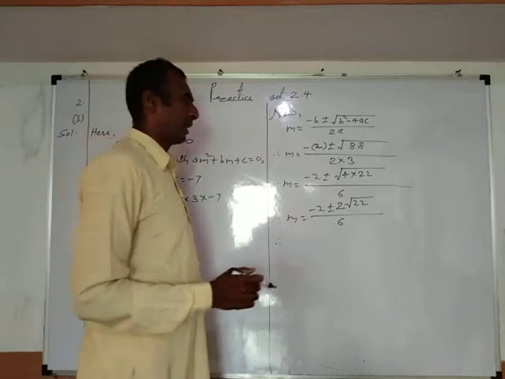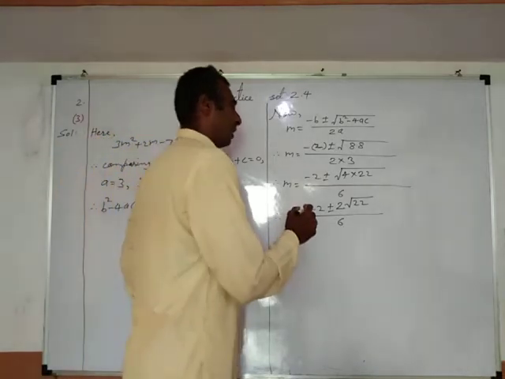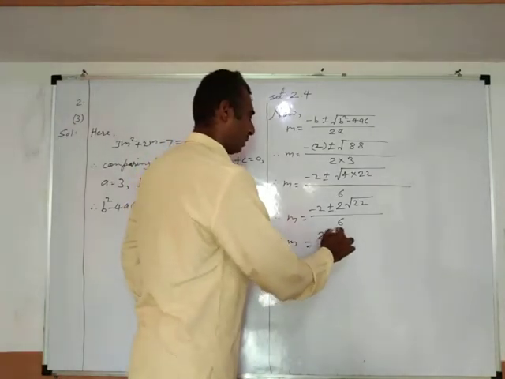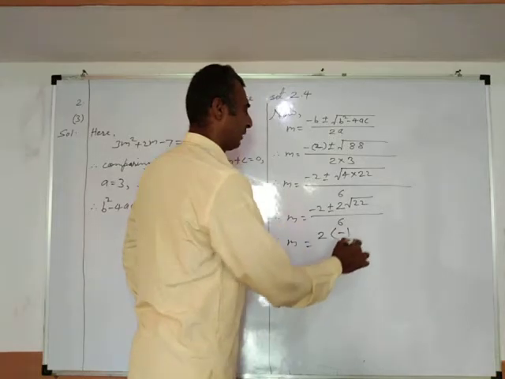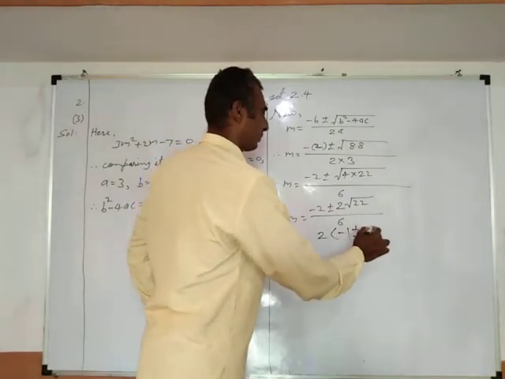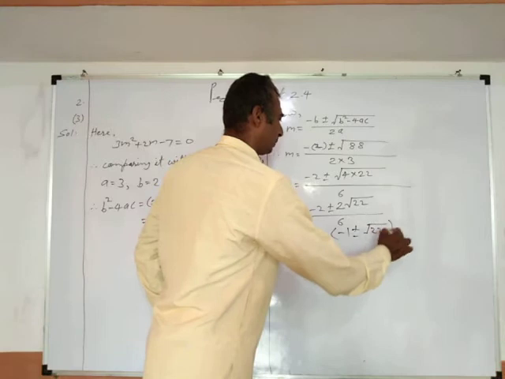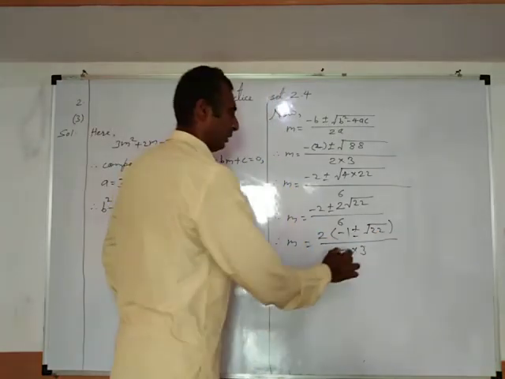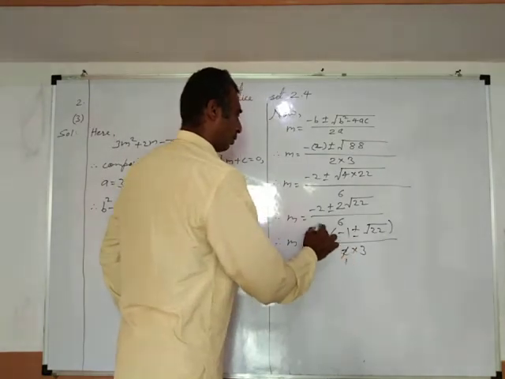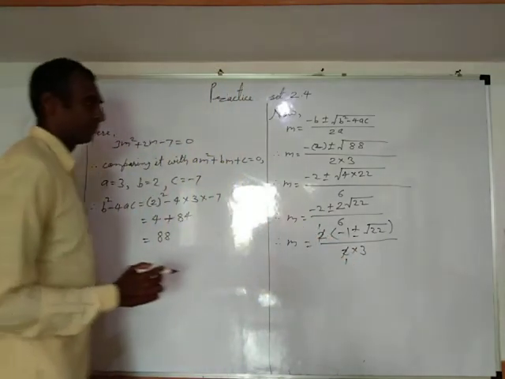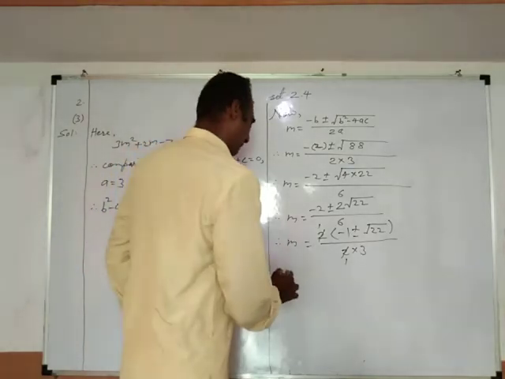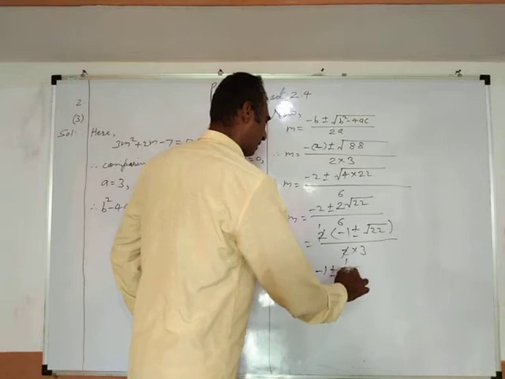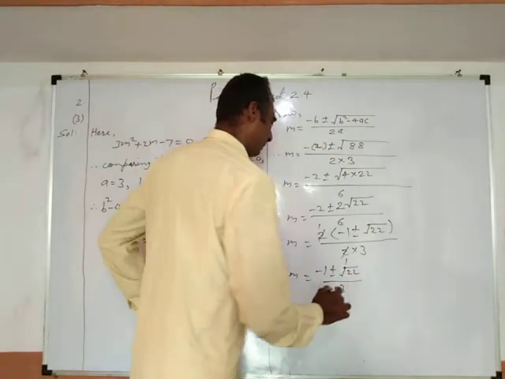That's why by taking 2 common we may write it as m equals 2 in bracket minus 1 plus or minus root of 22 upon 2 into 3. Now 2 ones are 2, 2 ones are 2 will cancel, leaving behind m equals minus 1 plus or minus under root 22 upon 3.